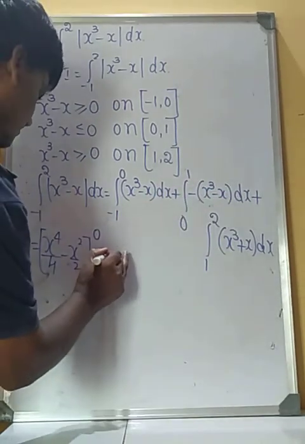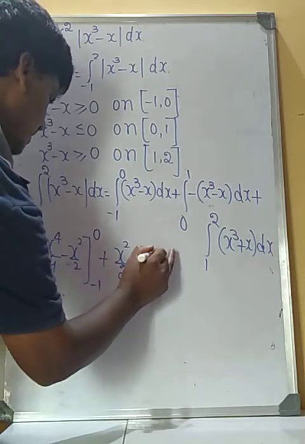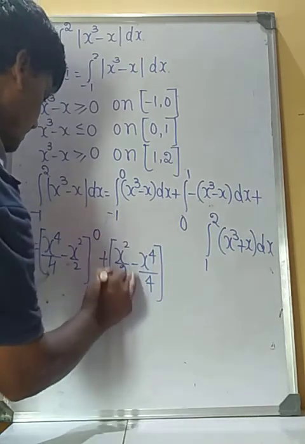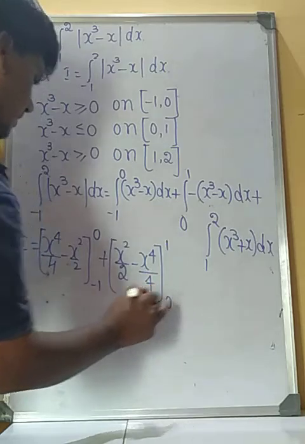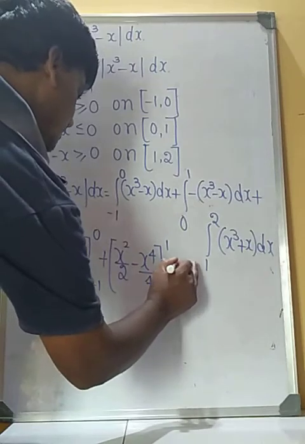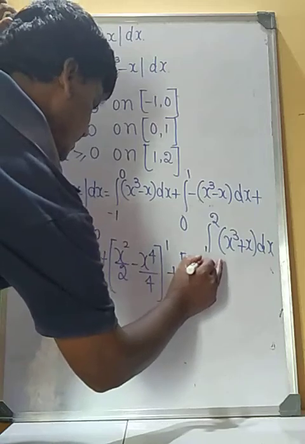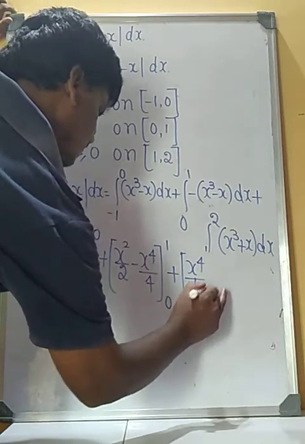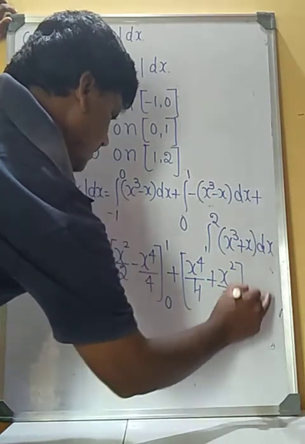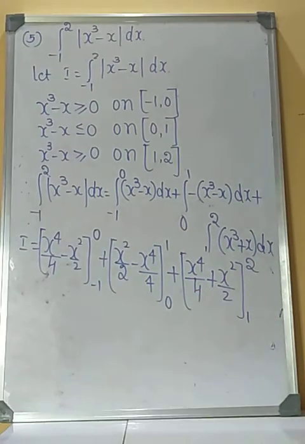Integral of x is x square by 2 minus x to the power of 4 by 4, upper limit is 1, lower limit is 0, plus the integral of x cube is x to the power of 4 by 4 plus the integral of x is x square by 2, upper limit is 2, lower limit is 1.